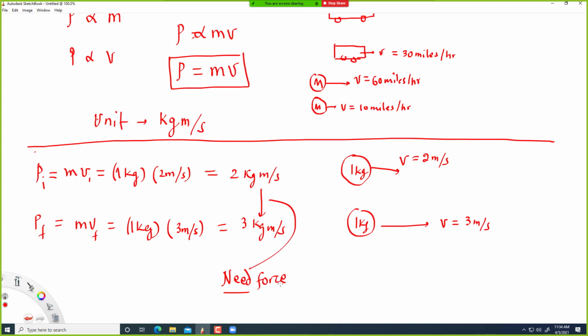The one that gets the force for a longer time. So the change also depends on time. There is a need for force, but the change in momentum also depends on time, how long you apply the force.